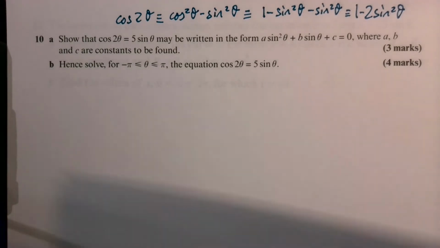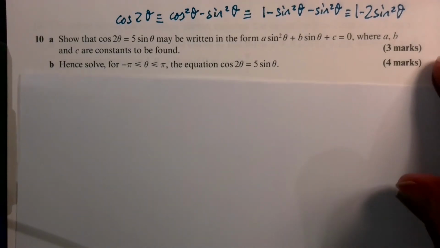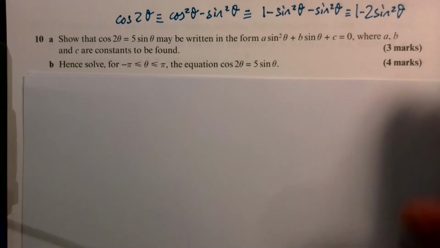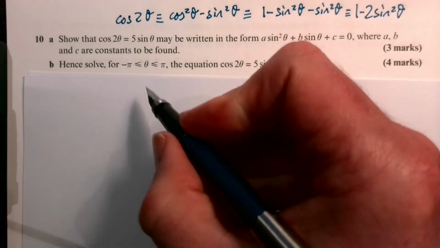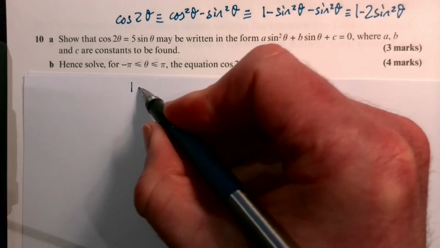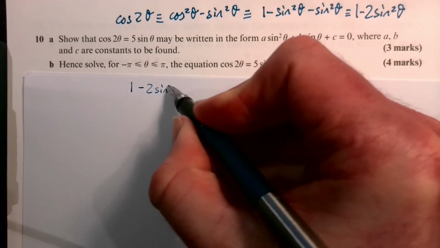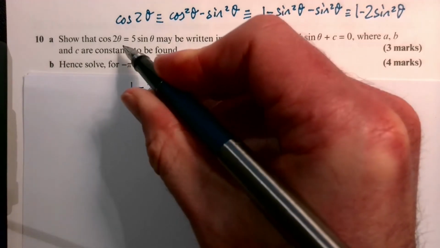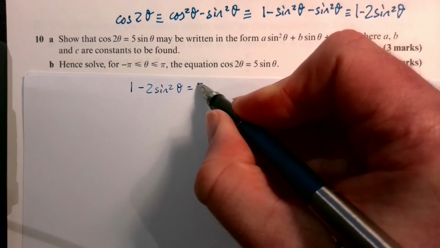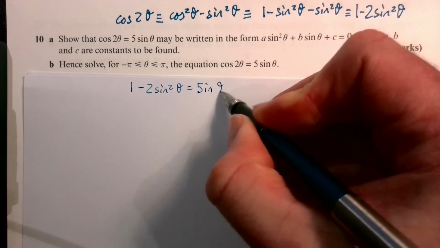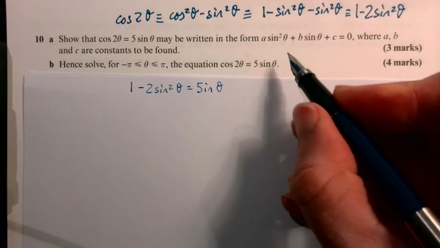So now all we need to do is put 1 take 2 sine squared alpha in instead of cos 2 alpha, and that's going to equal 5 sine alpha, and we just need to get it in this form.